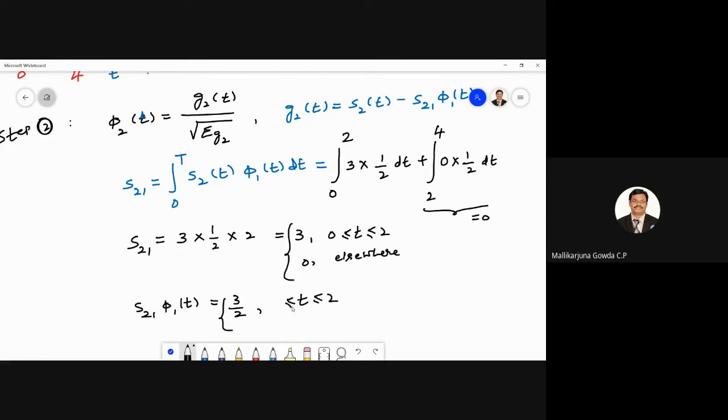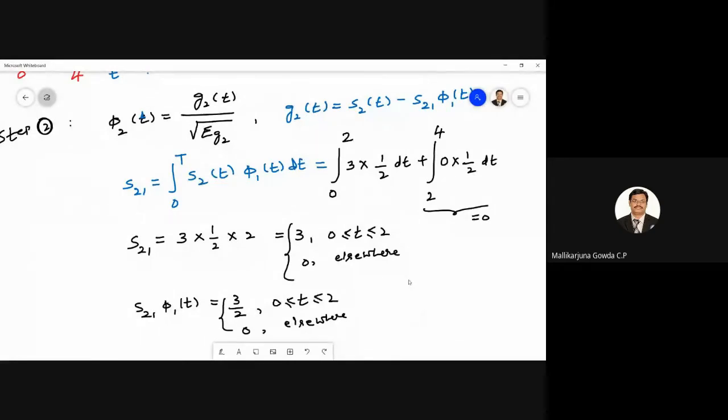Is this fine? Because S21 exists only over 0 to 2. During that time its value is 3, and the value of pi 1 of t is 1 by 2, but pi 1 of t exists till up to 4. After 2 the value of S21 is 0, that is why I am writing 3 by 2 over the interval 0 to 2, and it will be 0 elsewhere. Is that fine? Yes, sir.